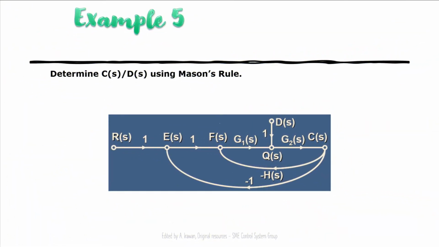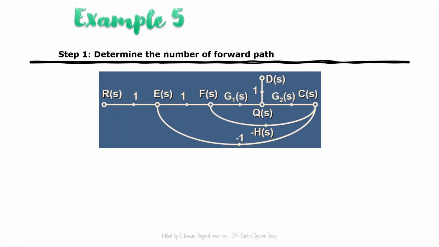We just go straight to the example. Okay, let's say we have this situation of an SFG. It's straightforward to have a stable SFG. So how are we going to determine it? By using Mason's rule. The first step is to identify which transfer function we want to develop.